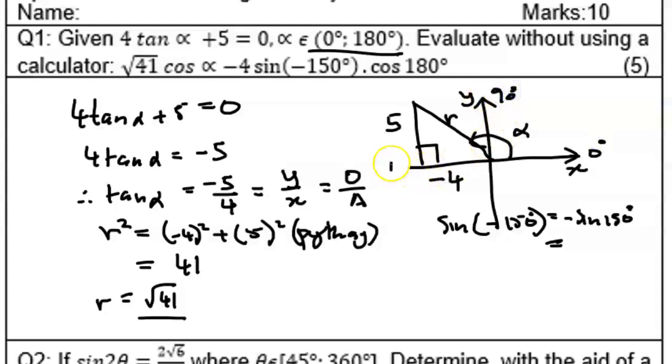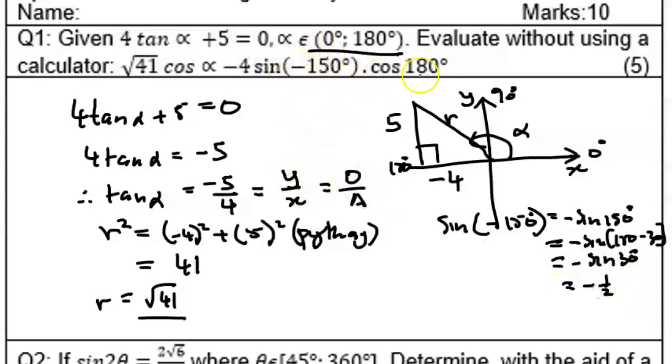It's in your second quadrant. Therefore your formula for reduction is 180 minus theta. That will be minus sine of 180 minus 30, which is minus sine 30, which is minus half. Okay, so this whole thing here is going to be minus half.